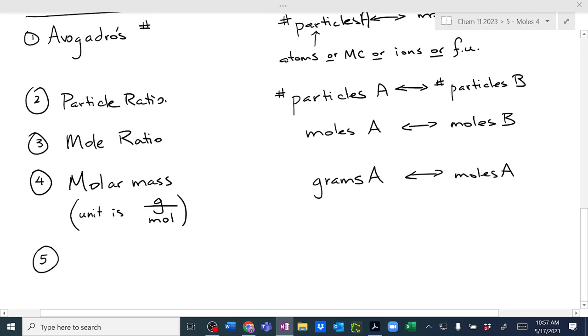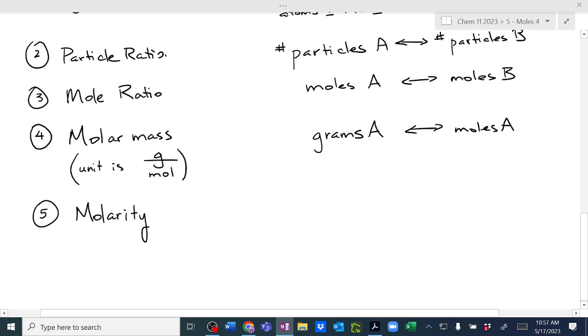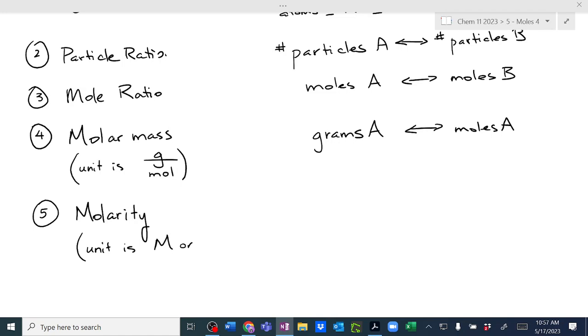What did we add in that we spent a lot of time on our last quiz? Molarity. What is the unit of molarity? Yes, it is M, but what does that stand for? Tell your partner, because a lot of people still think it's something weird, like milliliters per gram. What does capital M stand for?